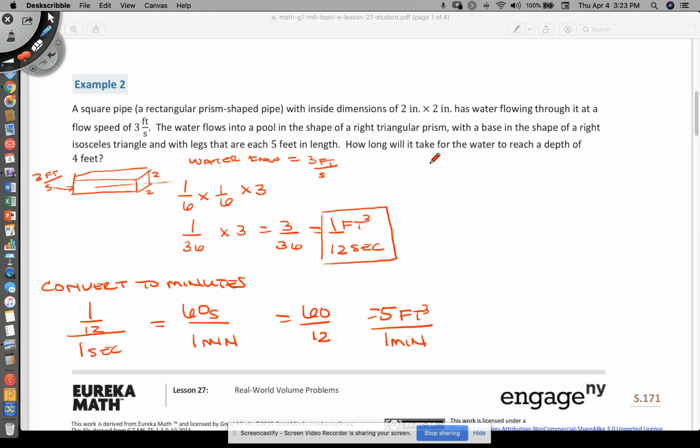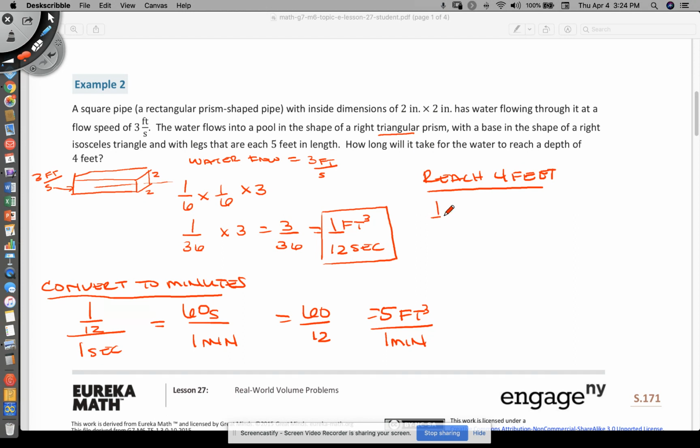Now, we want to know how long will it take to reach that 4 feet. So let's say reaching 4 feet. I'm going to underline all my little sections here. There we go. We're going to say, because it's a triangular prism, it says it right there, we're not going to do length times width times height.